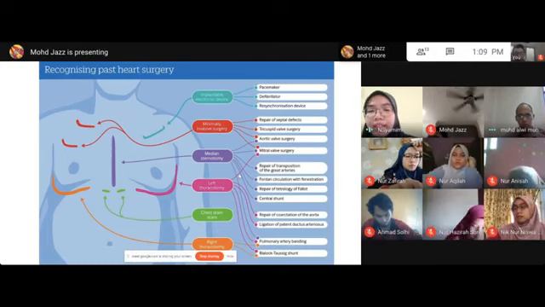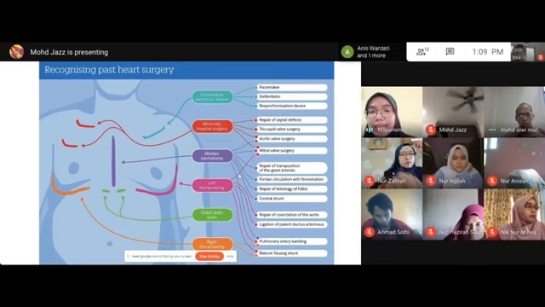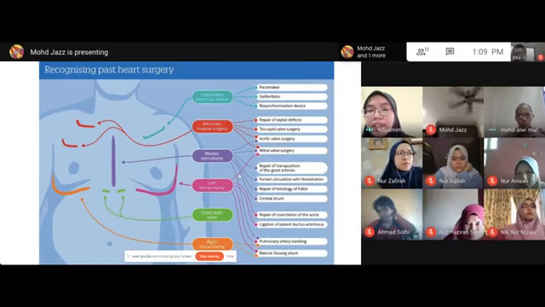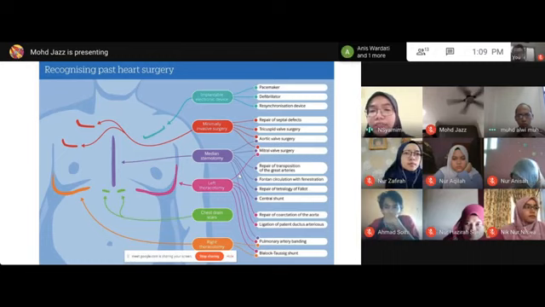Okay. And then for the scar at the left upper chest, usually the procedures that require a left upper chest incision which produces the scar are pacemaker, defibrillator, and also resynchronization device.